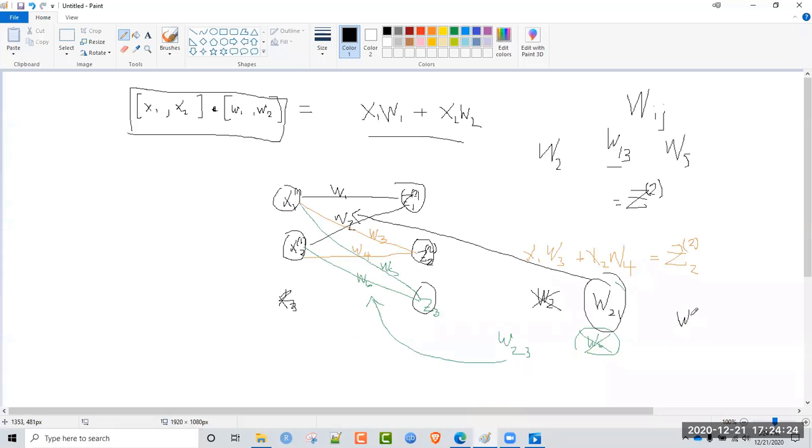So this W2,3 means what? We come from here and we go to 3. This is where you're coming from and this is where you're going to.